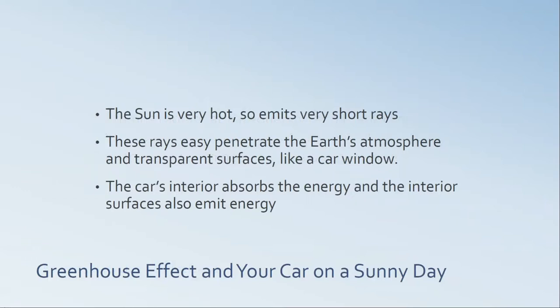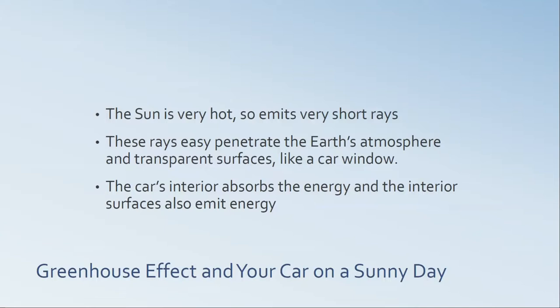The sun, being very hot, is vibrating at an extremely high frequency, so it emits rays of a very short wavelength. And again, just like penetrating the greenhouse, these rays can easily penetrate the gases of Earth's atmosphere, or they can go through, say, the glass of your car windows. And the car's interior is going to absorb that energy. And of course, as we've talked about, the interior surfaces of the car are also going to emit energy back.